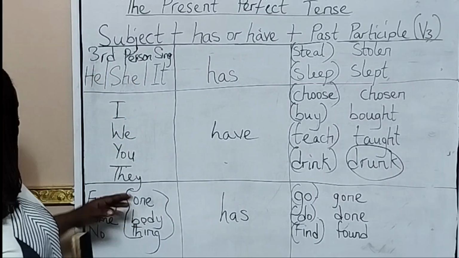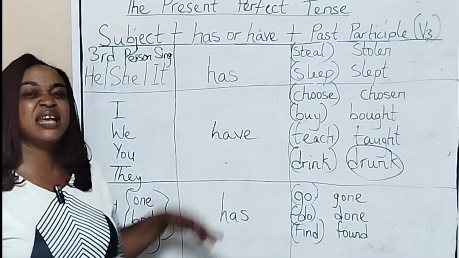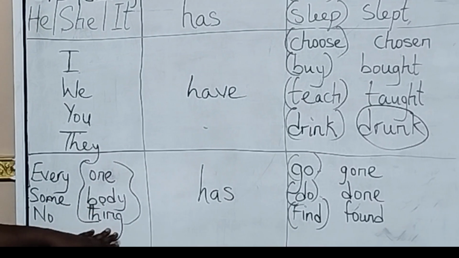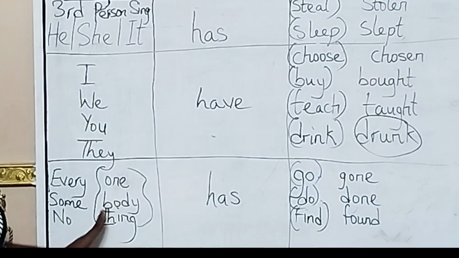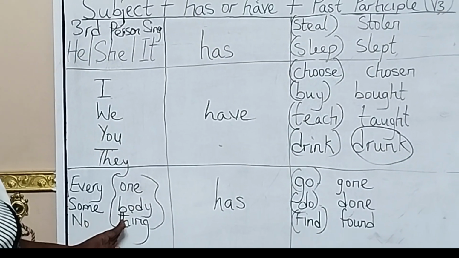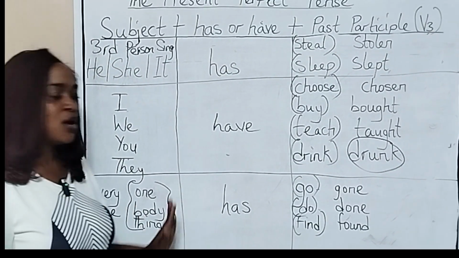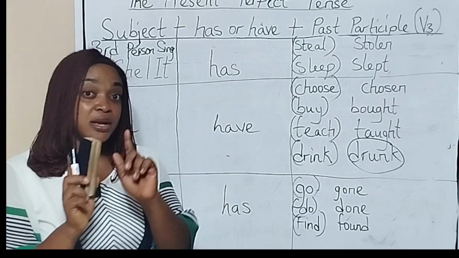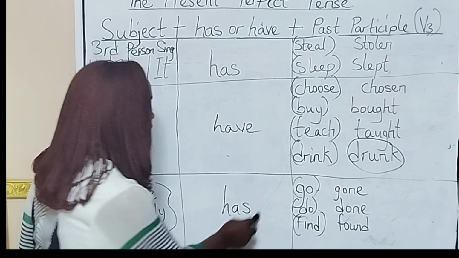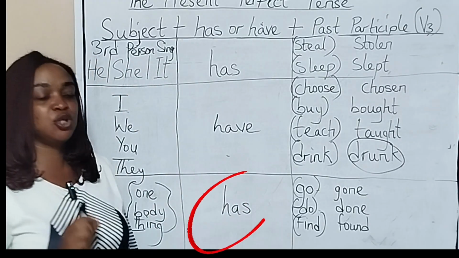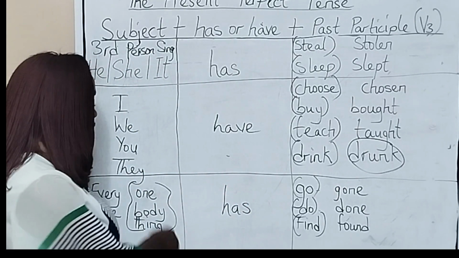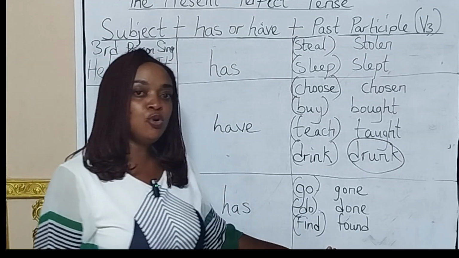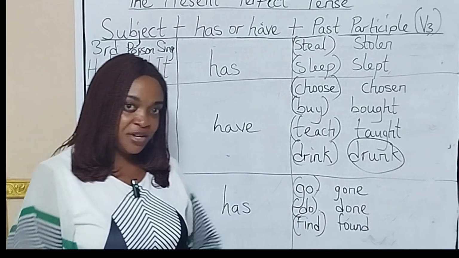Let's do this together. The last, we call this indefinite pronoun. It could be everyone, everybody, everything, someone, somebody, nobody, nothing, no one. It could be any of these. Whenever you have these kinds of indefinite pronouns, the rule states that you take has. Has becomes the auxiliary verb that goes with this kind of indefinite pronoun. And now you come here, you look for the V3 of the verb given to you.